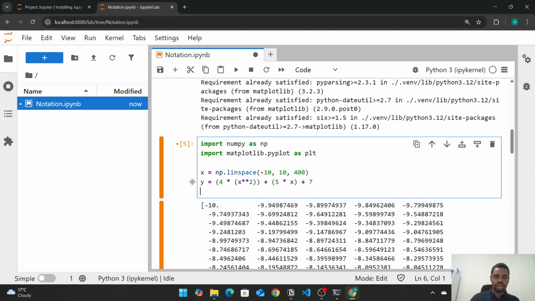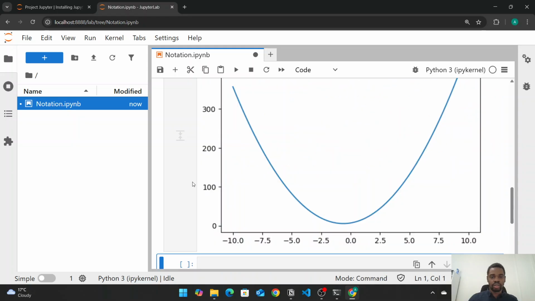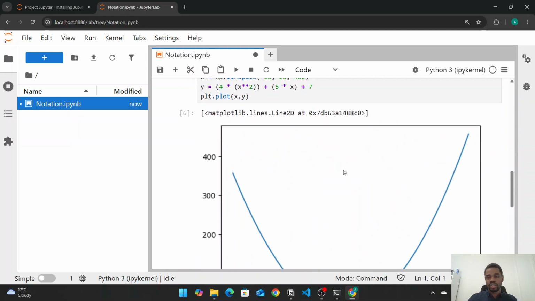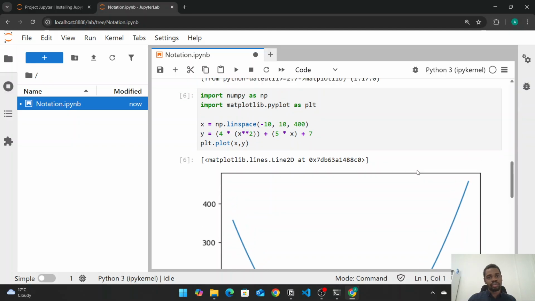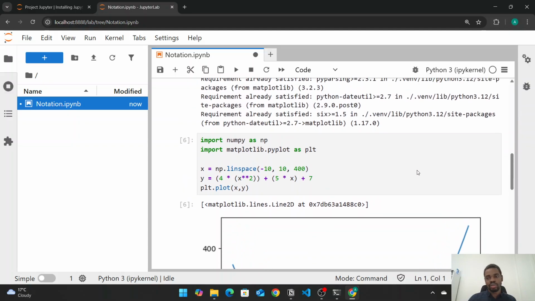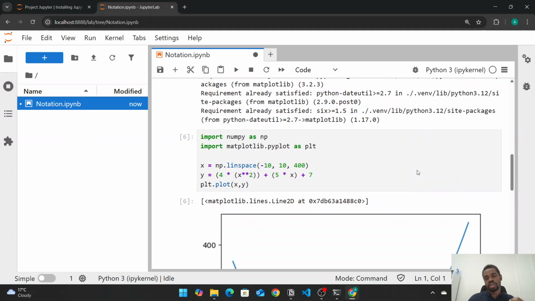Then we can do something fun like plt.plot x, y, and voila.